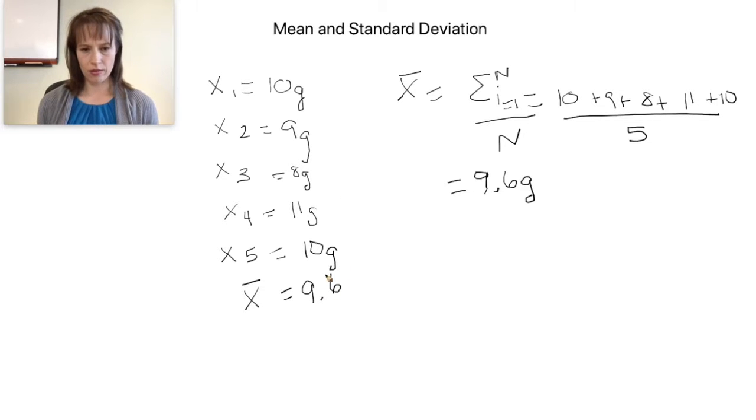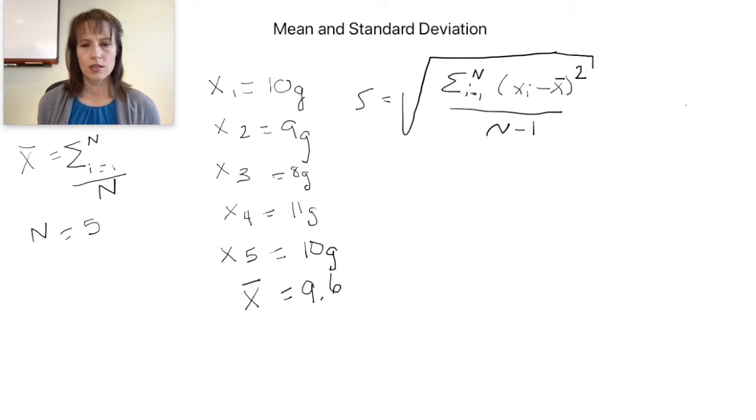So I wrote the mean down here because we'll be using that number again in the calculation for the standard deviation. The next part of this is to look at the standard deviation, or in other words, what is the variability in the samples that we measured. So here I've written the equation for standard deviation for you.